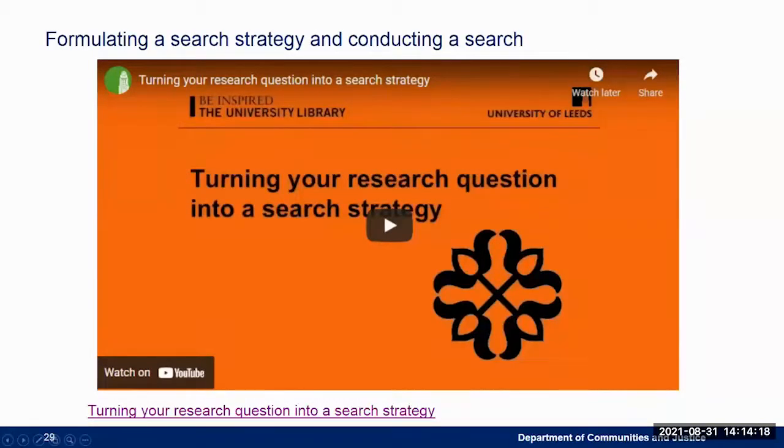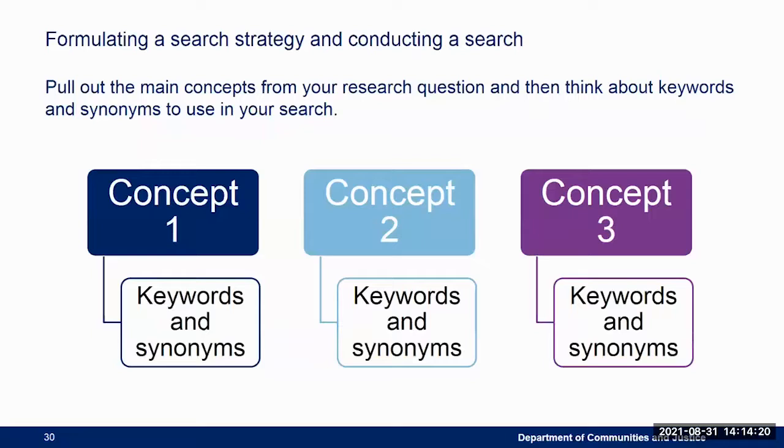Okay, so there's one of 2 ways that you can actually develop a search strategy. The one that they spoke about in the video, which is pulling out the main concepts from your research question and then linking keywords and synonyms to use in your search. So you have your concepts and your keywords and synonyms.